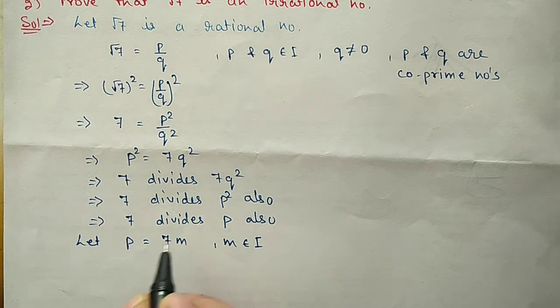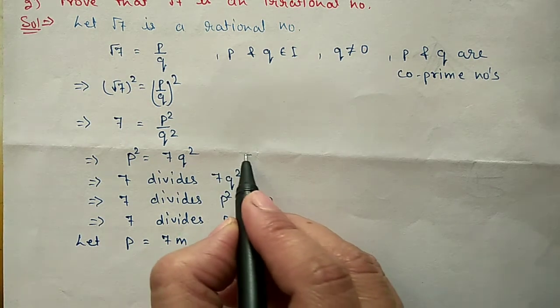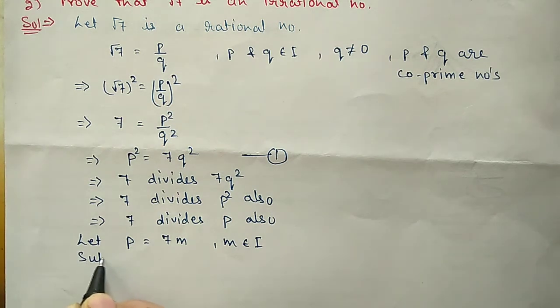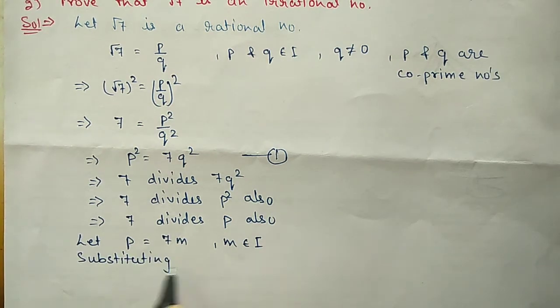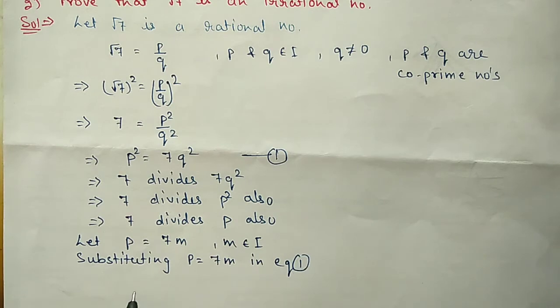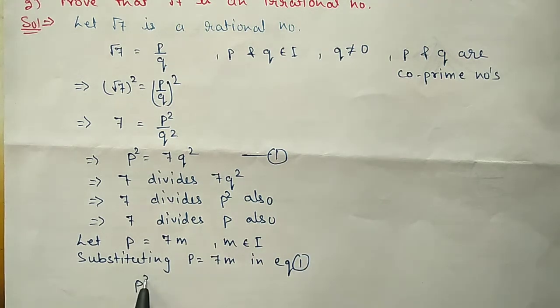Now we will substitute this value in this expression. This expression we can take as equation 1. Substituting p equal to 7m in equation 1, we will get p square equal to 7q square, and in place of p square we can write 7m whole square equal to 7q square.